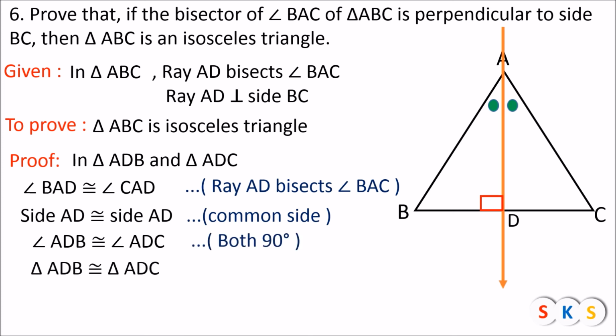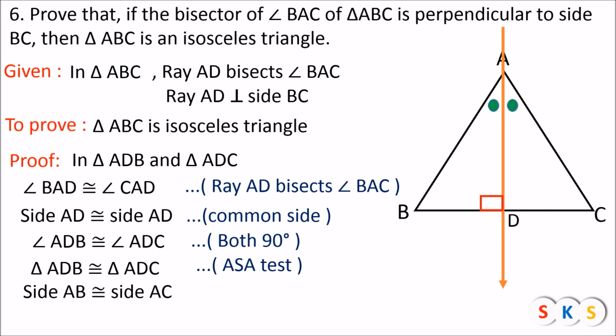And we know that if two triangles are congruent, then their remaining parts will also be congruent. Remaining parts means remaining sides and remaining angles. So side AB of triangle ADB is congruent to side AC of triangle ADC because of CSCT, corresponding sides of congruent triangles.